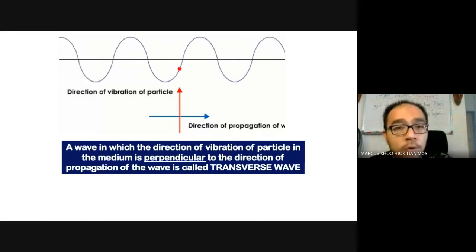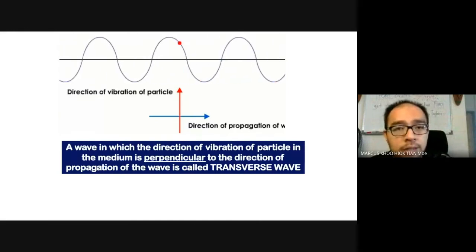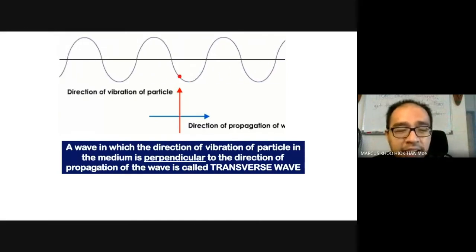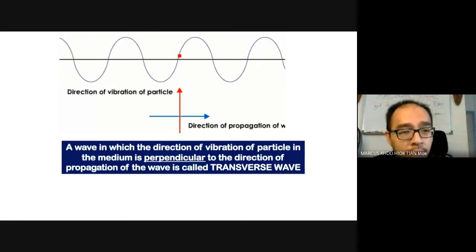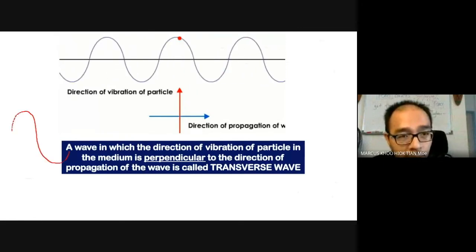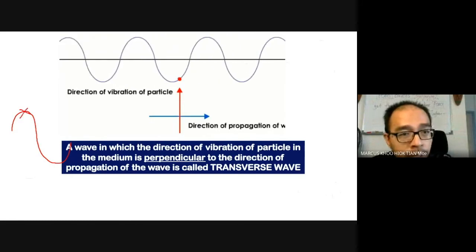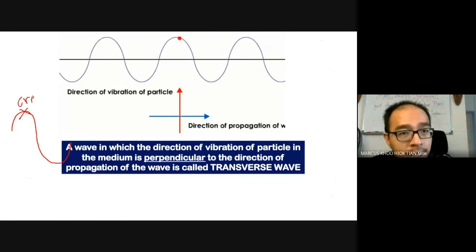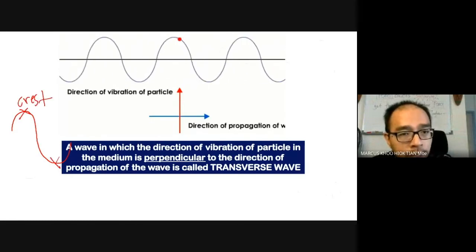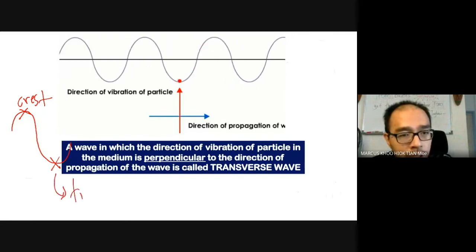In a transverse wave, the top part over here we call a crest, and the bottom part over here we call a trough.